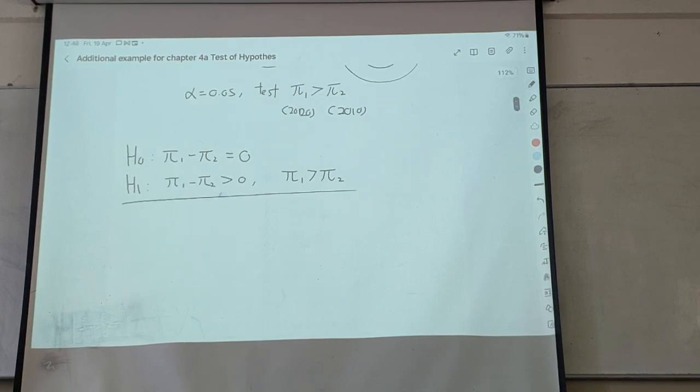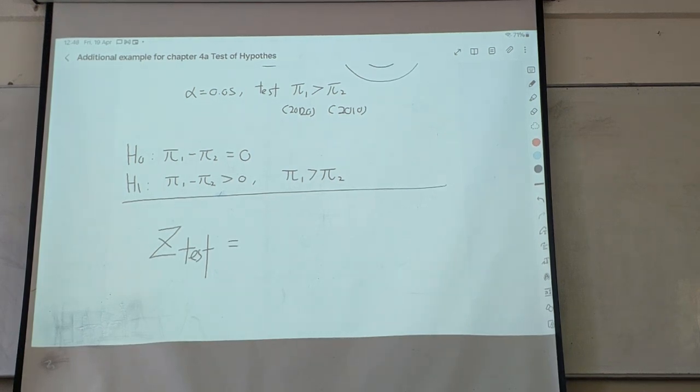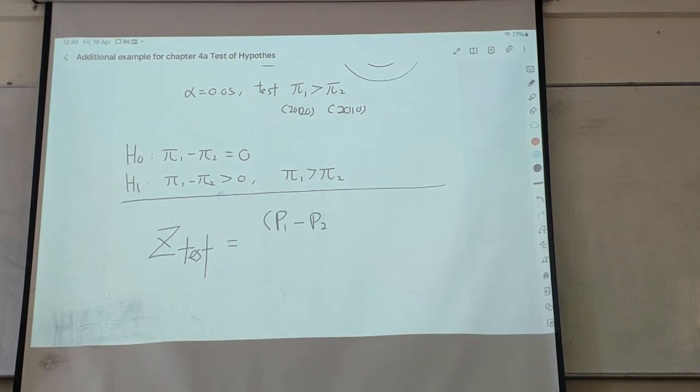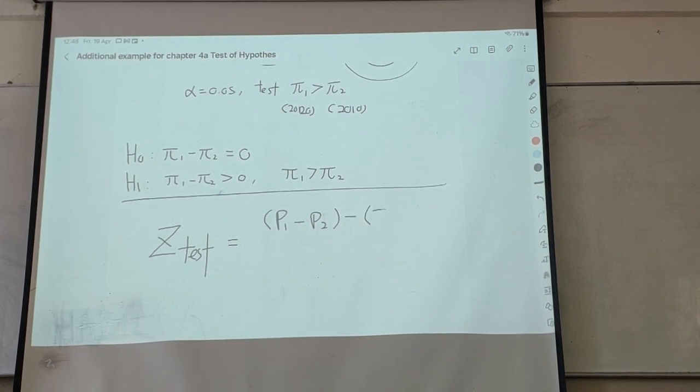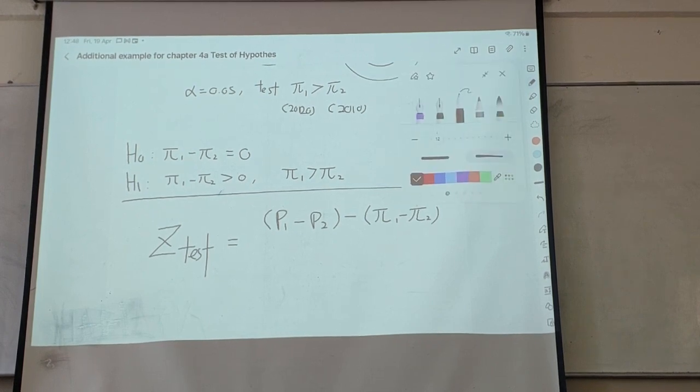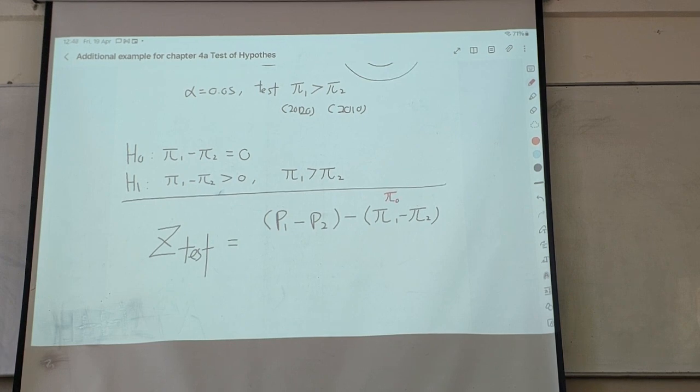So, step number 2, you have to use the formula. Okay? So the formula is P1 minus P2, minus, sometimes we write the equation in this format, pi 1 minus pi 2, or sometimes you can see the equation given in this one, pi 0.